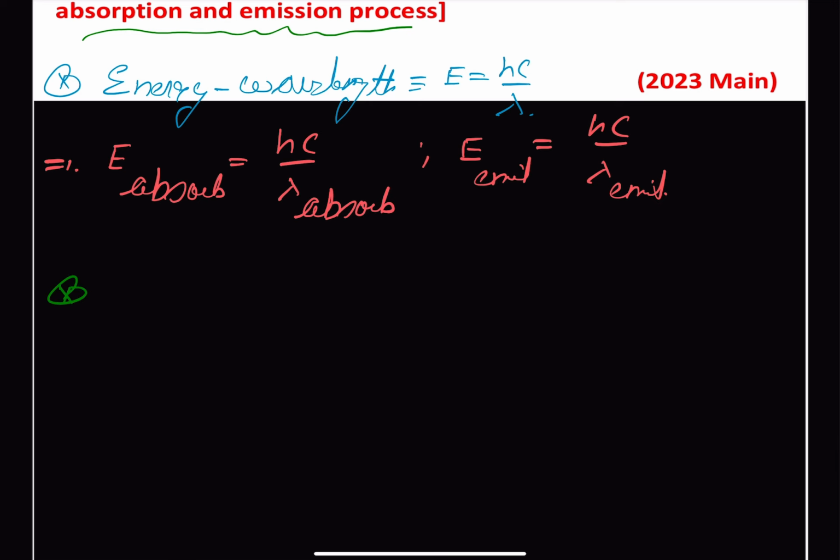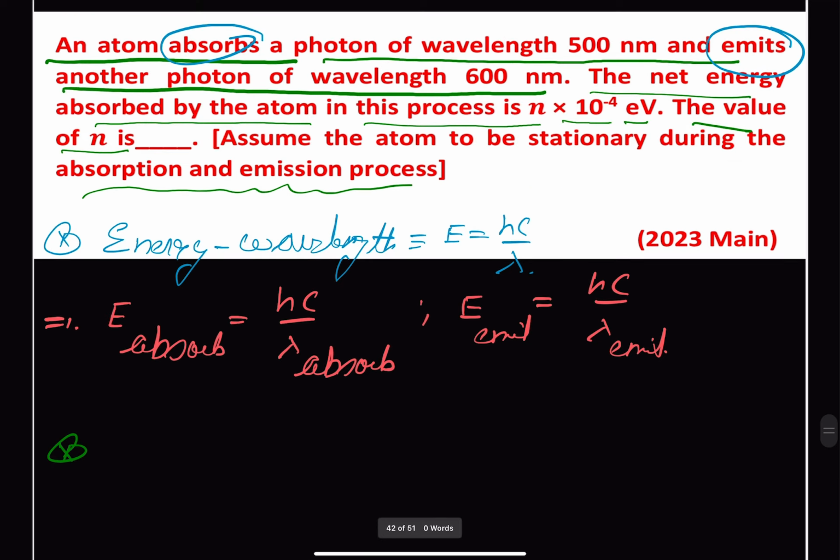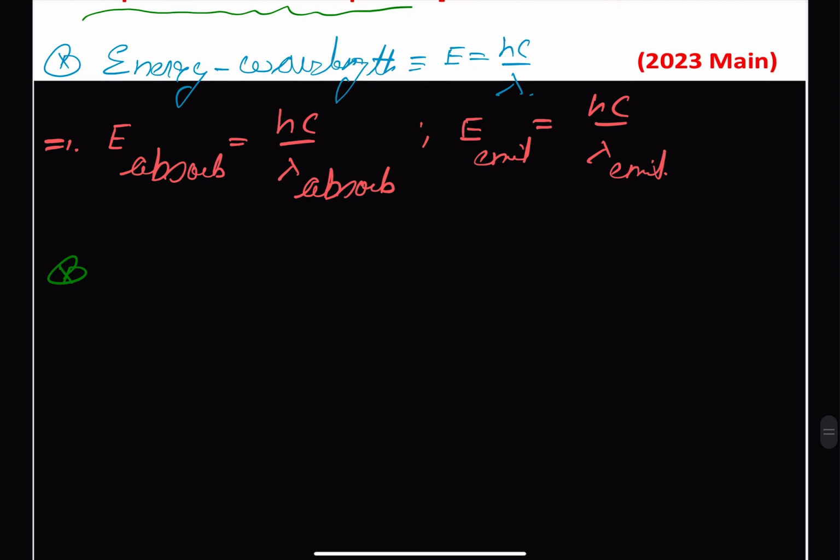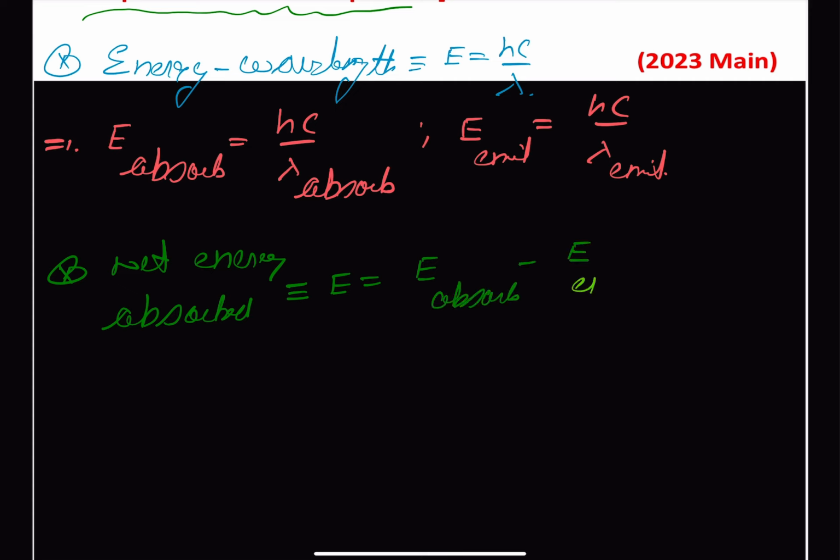It is clearly mentioned that net energy absorbed, so absorbed will be on the higher side. So net energy absorbed, that is E, will be equal to E absorb minus E emit.